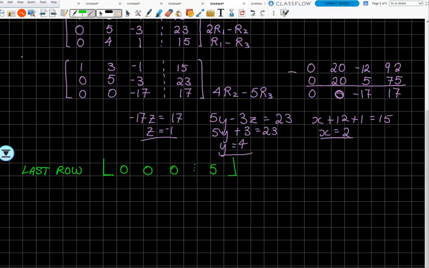So if we have the bottom row and we end up with 0, 0, 0, something, I could put like an A or a B there, but what we're saying is this value here does not equal 0. What happens in this situation? What's going on?